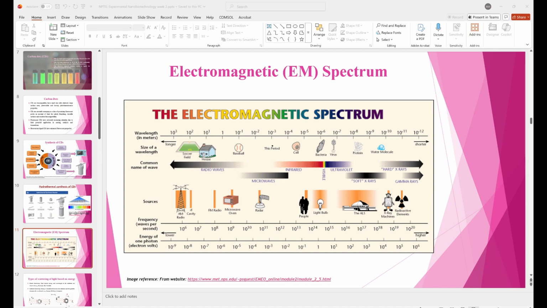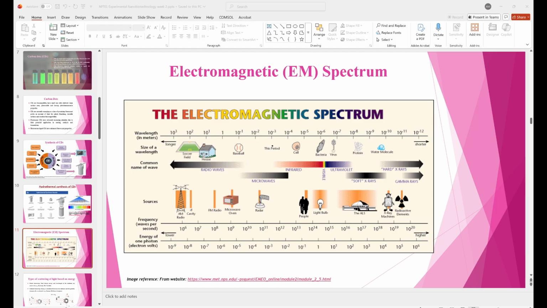As wavelength increases from gamma rays to radio waves, frequency decreases, and energy decreases. So the energy of one photon decreases. Radio waves have the lowest energy and gamma rays have the highest energy. Radio waves, microwaves, infrared are non-ionizing radiations, whereas ultraviolet, x-rays, and gamma rays are ionizing radiation.